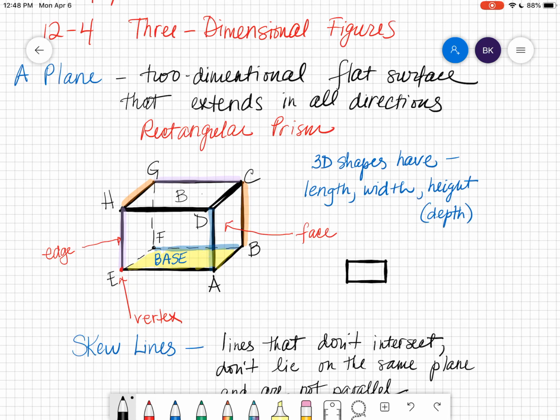Really quickly, I'm going to show you how to draw this. As you can see on the right hand side, there is a small rectangle. First you draw a rectangle or a square. Then you're going to draw 1, 2, and 3 parallel segments.